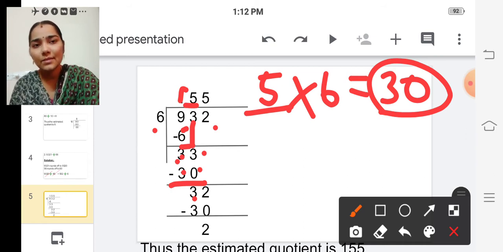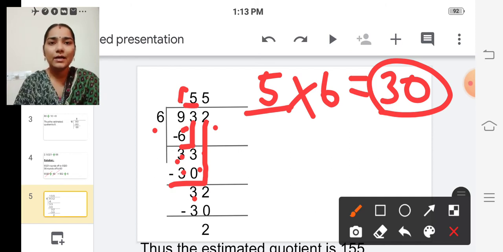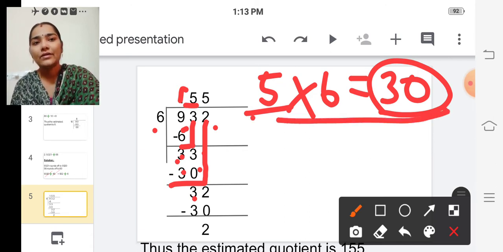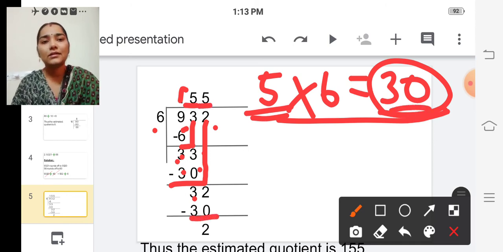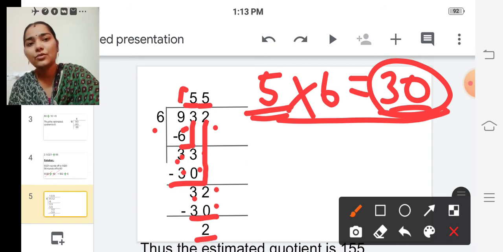And in the next step we have to bring down this 2 here. So the number becomes 32. Again 5 6 are 30, write that 5 here and write the 30 here. Subtract 32 minus 30. 2 minus 0 is 2. 3 minus 3 is 0.